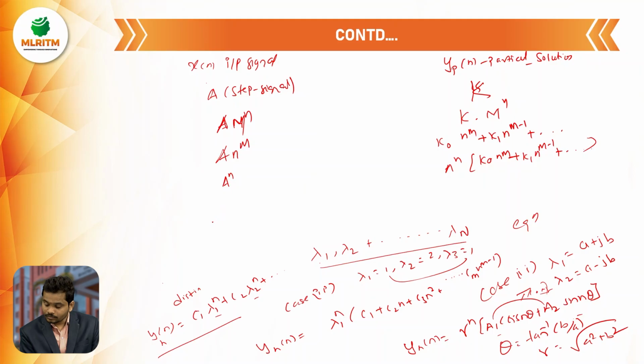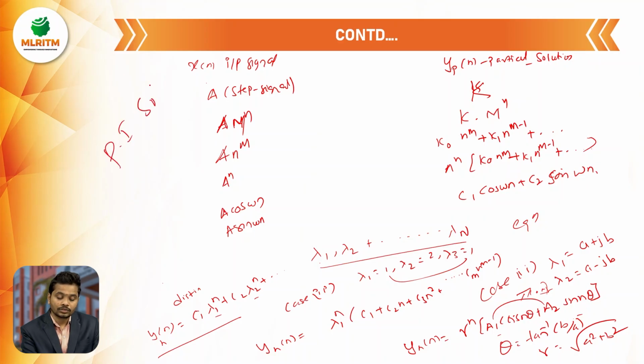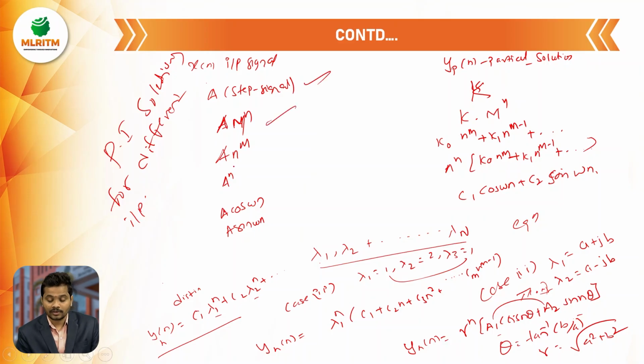For a cos omega n and b sin omega n, the solution is c1 cos omega n plus c2 sin omega n. So these are the particular integral solutions for different inputs.